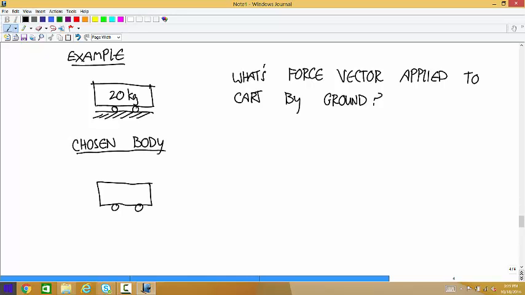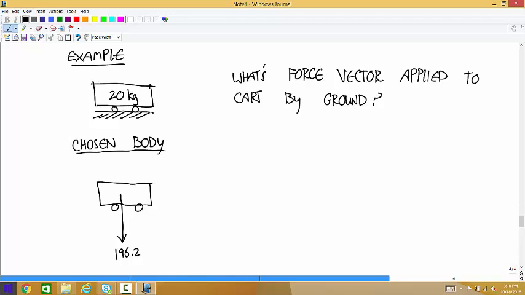The forces acting are a downward force of mass times g, which is 196.2. That's gravity, and now we have to deal with the contact forces. And the only contact is a pushing contact from the ground along that flat ground.